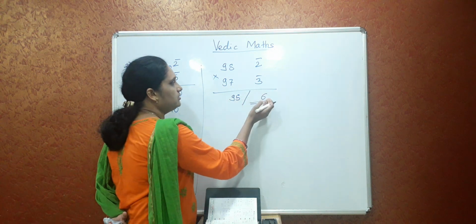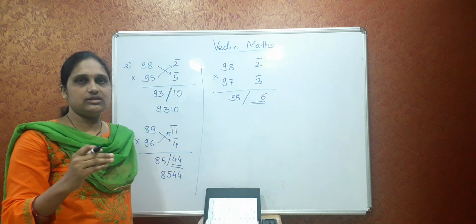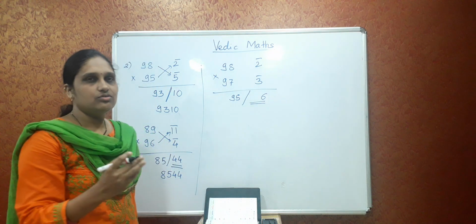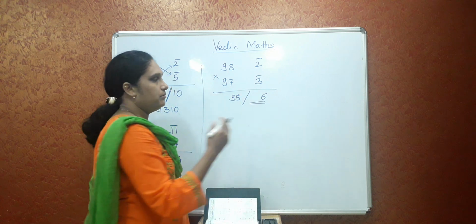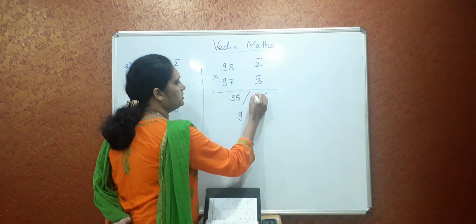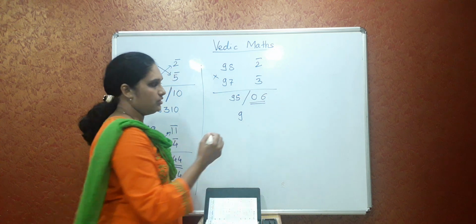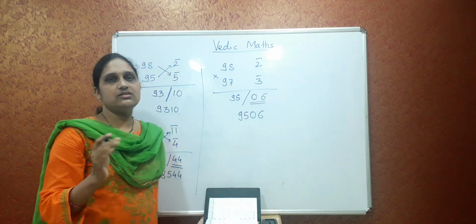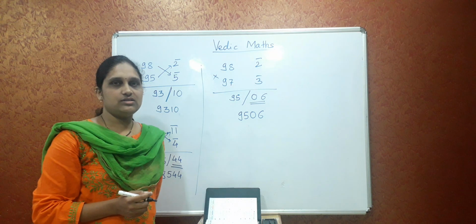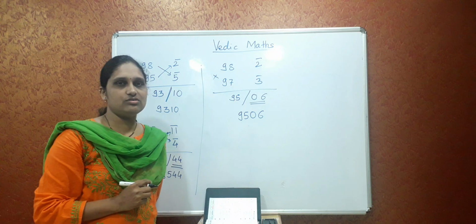So now we have to convert 1 digit into 2 digits. How to do this? By just adding a 0 here. So our multiplication will be 9506. Yes, you can check in the calculator also.